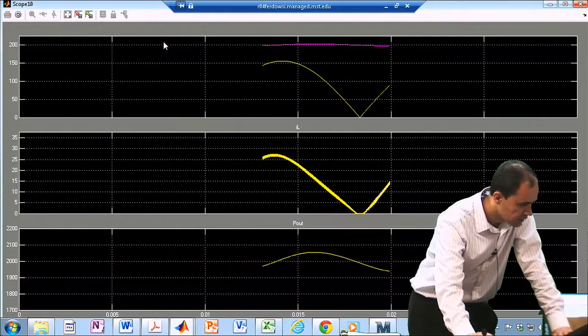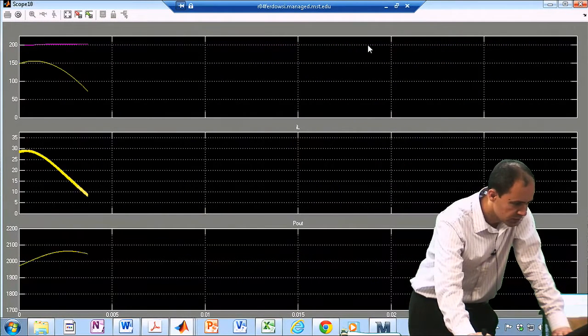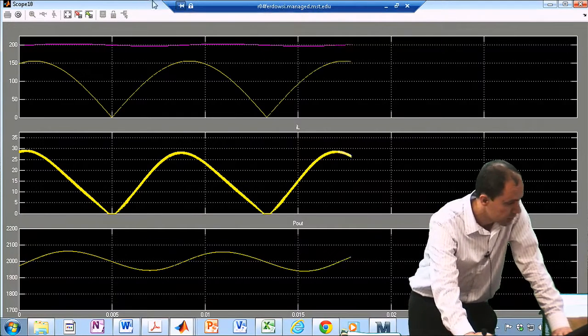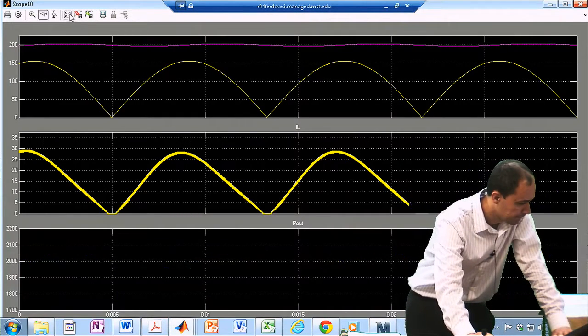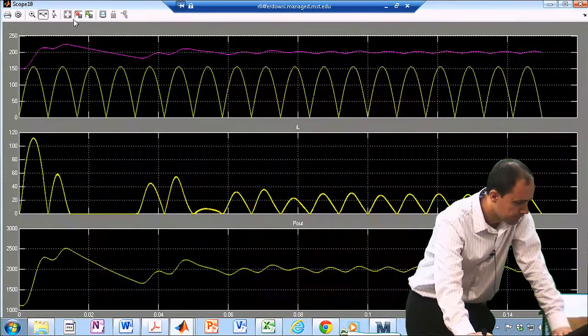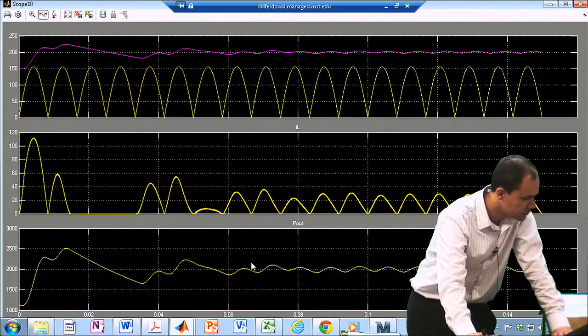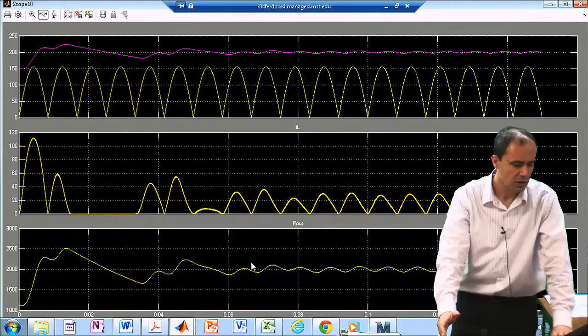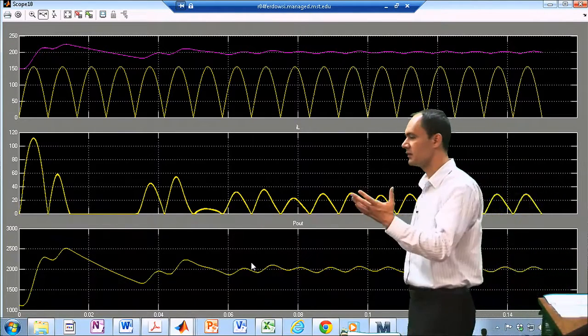You can see that the output voltage is regulated at 200, so that's good. Is it faster? I don't actually remember compared to the PV. It is not significantly faster.